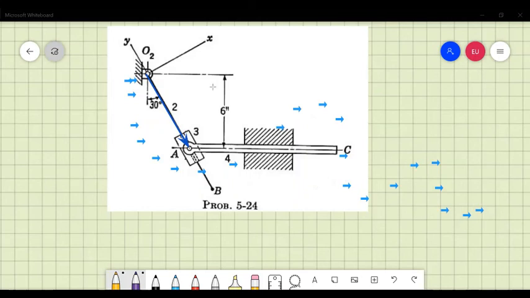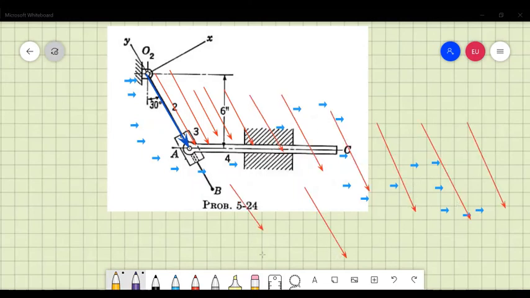Oh, arrows, wow. Okay, we know that I can draw arrows perfectly now. I'm sorry, didn't know that. Let's clear everything.